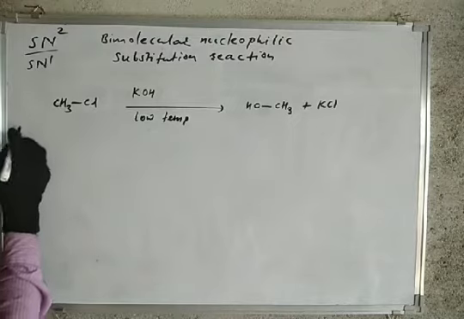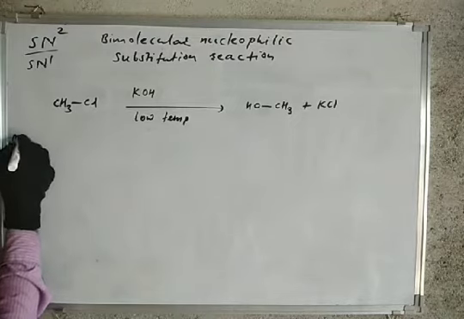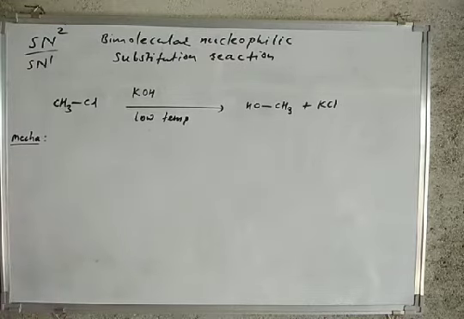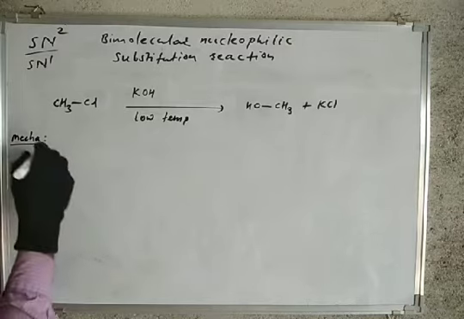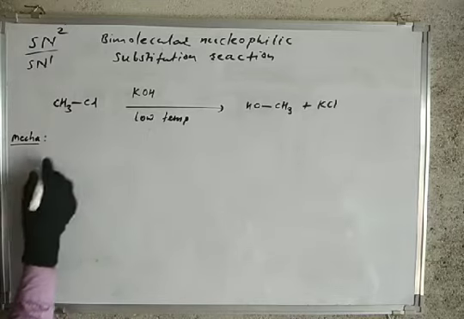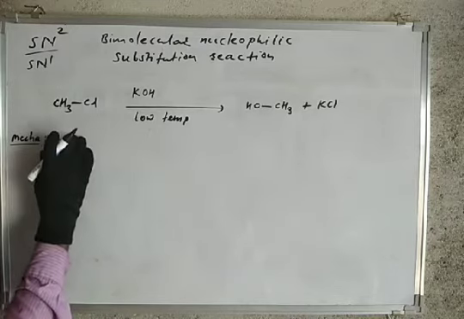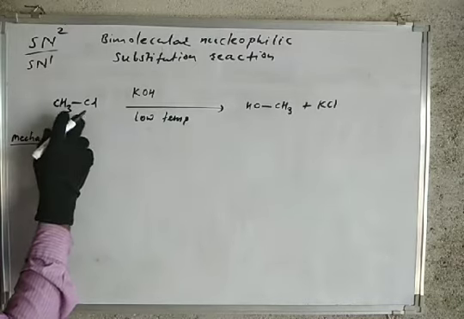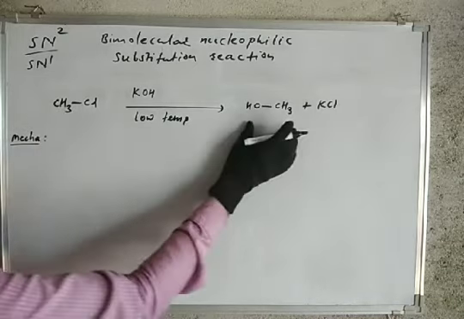Now the mechanism of this reaction. This is a one step mechanism. The SN2 reaction is a one step mechanism reaction, that is, attack of the nucleophile and simultaneously the leaving group leaves its position and forms the product.